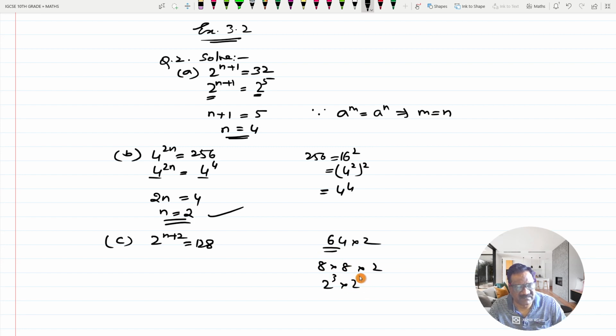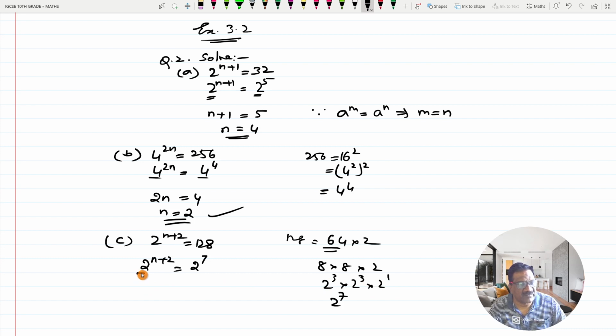So this 128 can ultimately be written as 2 raised to 3 plus 3, which is 6, plus 1, which is 7. So 2 raised to n plus 2 is equal to 2 raised to 7.